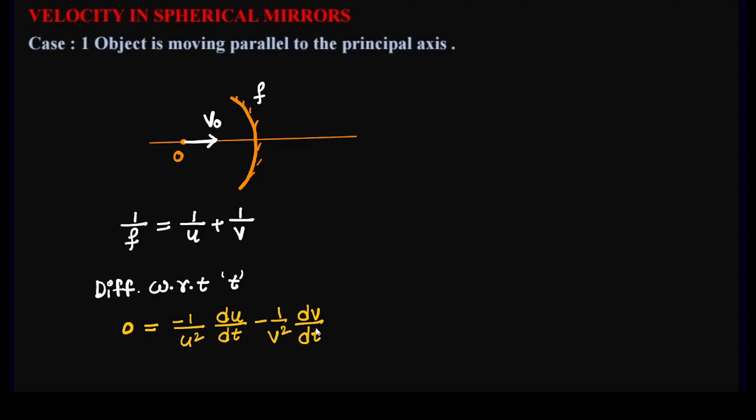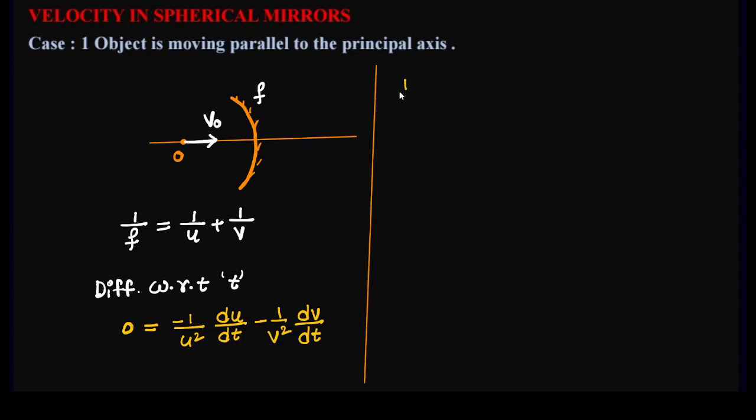U is the object distance. Rate of change of object distance is called the object velocity. V is the image distance. Rate of change of image distance is called the image velocity.